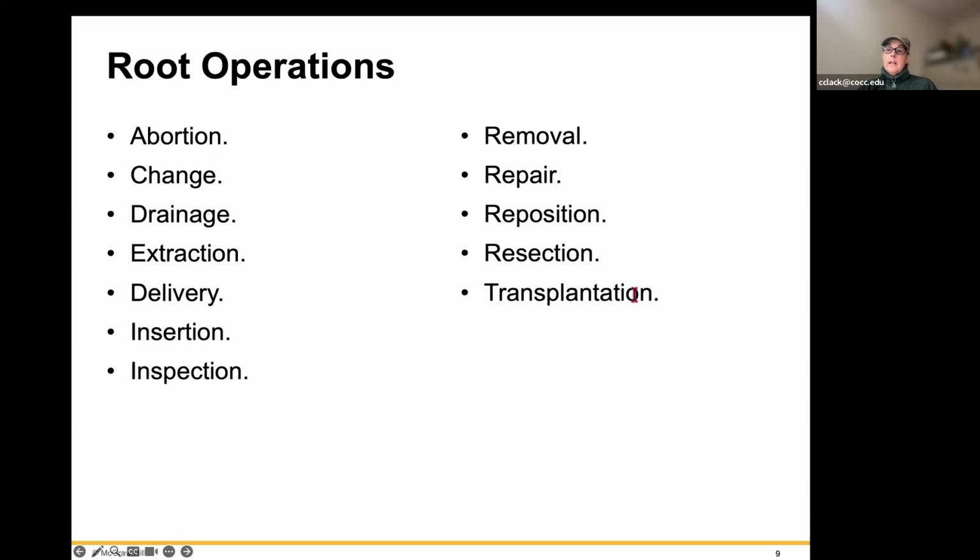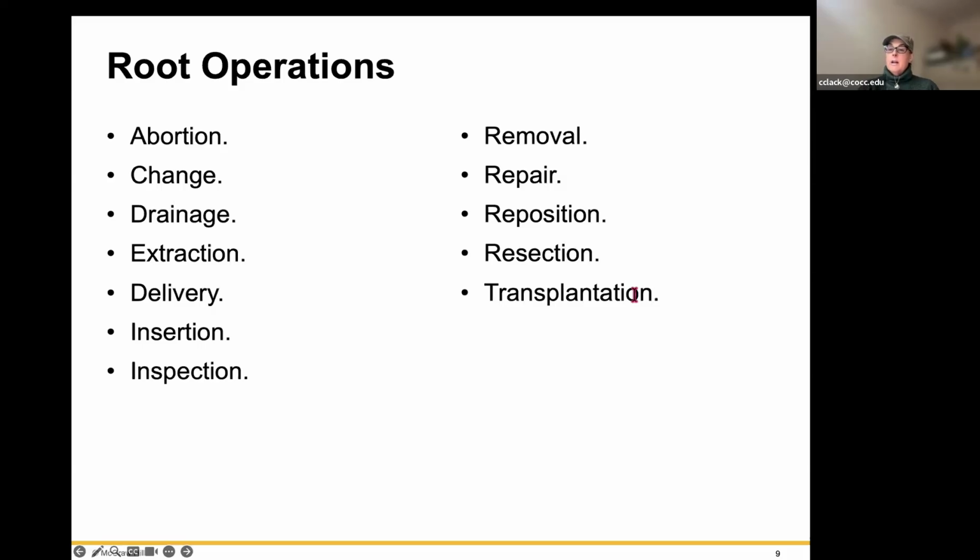Inspection is visually or manually examining or assessing without taking out or fixing. Repair is to restore to normal structure, function, used when no more specific root operations apply. Reposition is moving a body part or products of conception to a new location or normal location.